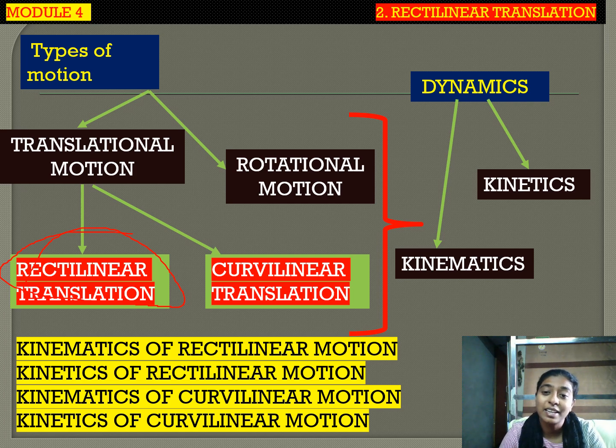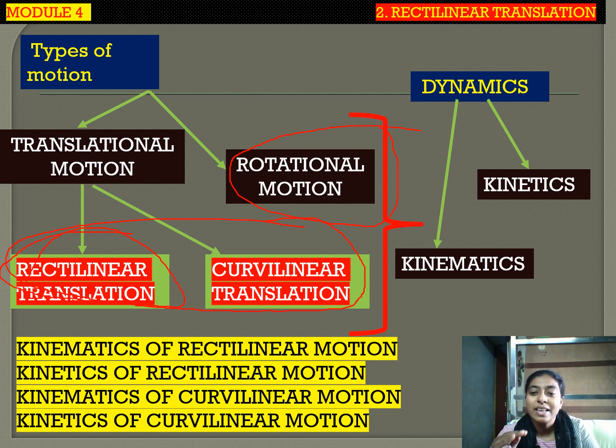Kinematics and kinetics of rectilinear and curvilinear translation is our fourth module. Kinematics and kinetics of rotational motion is our fifth module.